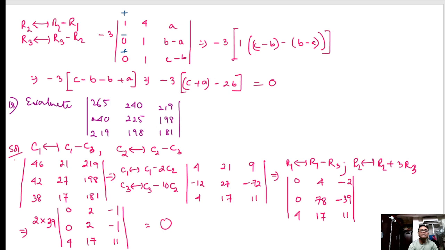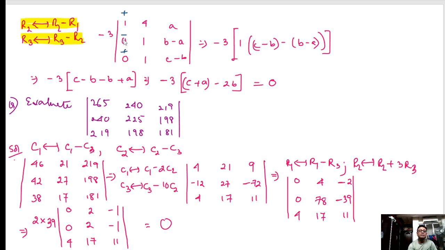Now let us see. We are applying the concept R2 minus R1 in R2 and R3 minus R2 in R3. So see what we are doing here: R2, it was 1 minus 1, that is 0, we kept it in R2.